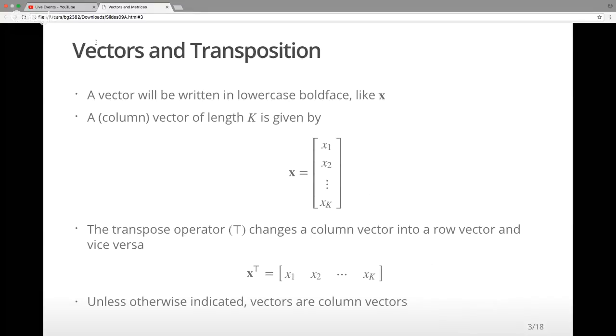It still contains k scalar elements, but unless I say or indicate otherwise, we're talking about vectors as being oriented vertically, otherwise known as column vectors, rather than row vectors, which are oriented horizontally. But either way, they contain k numbers. Questions about that? No?